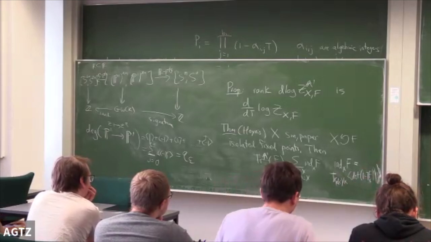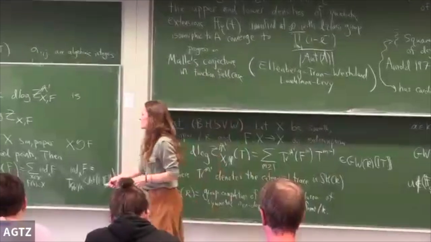So with the Frobenius, the map on the tangent space is always 0.